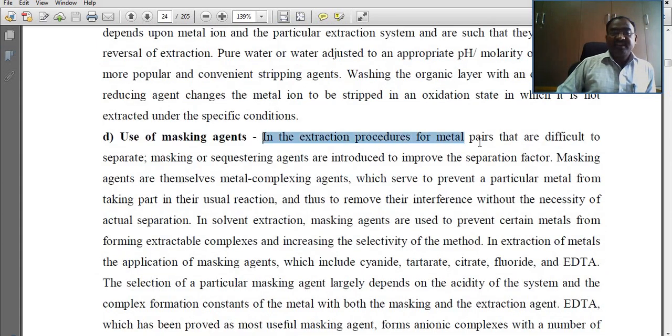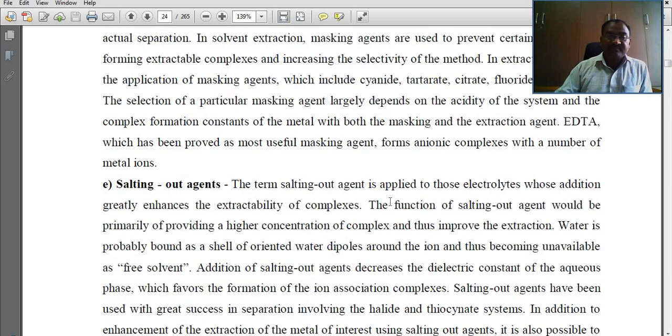Use of masking agent: in the extraction procedure for metal pairs that are difficult to separate, masking agents are introduced to improve the separation factors. The masking agents are themselves metal complexing agents which serve to prevent a particular metal from taking part in the usual reactions.